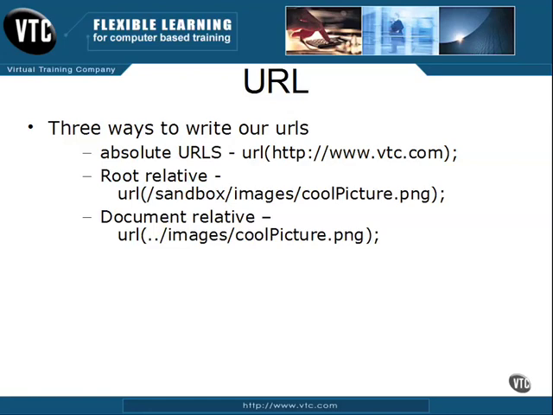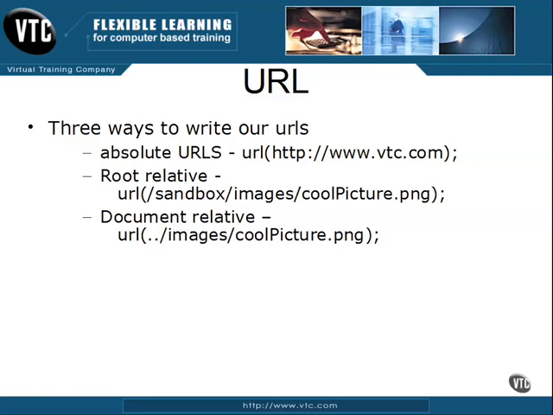So later on, whenever you're using your URLs, just make sure that you consider where this property value URL is located. Because if it's in an external CSS document, you need to make sure that the URL is relative to where that CSS document is located.